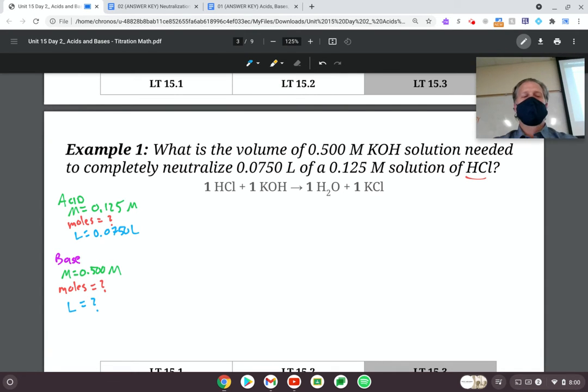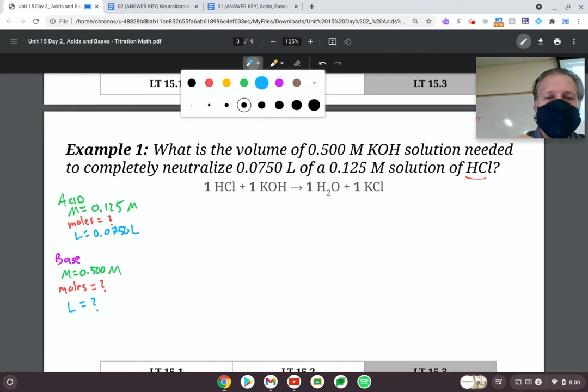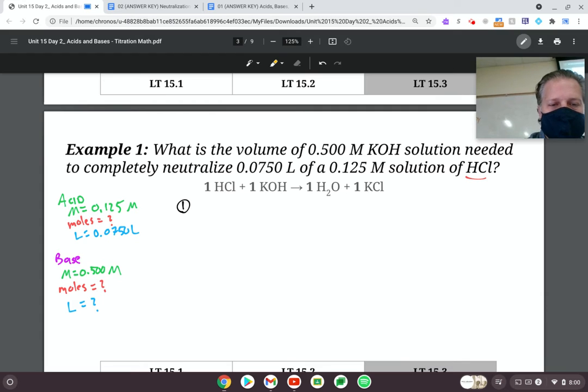Okay, so step 1 says solve for moles. So in this instance, I'm going to solve for moles of, in this case, acid.